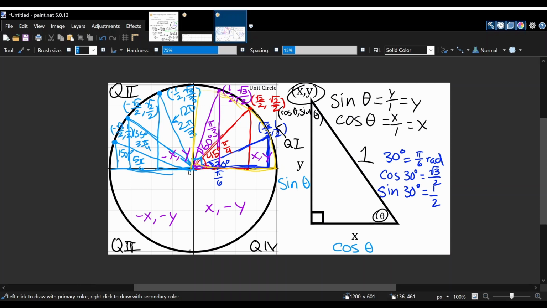The last thing I'm going to touch on for this is the axes.